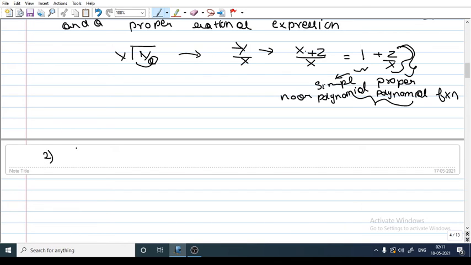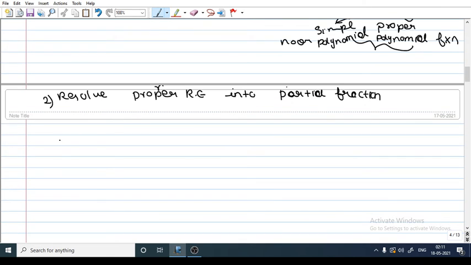The second thing is: resolve the proper rational expression into partial fractions. After doing this, the formula you have to apply is for ax plus b.